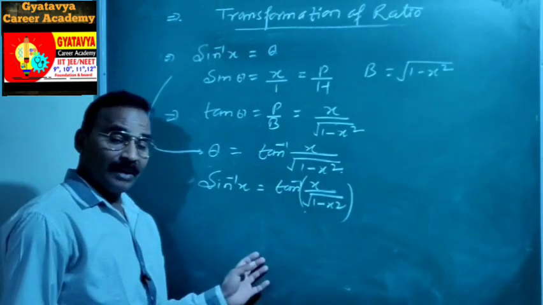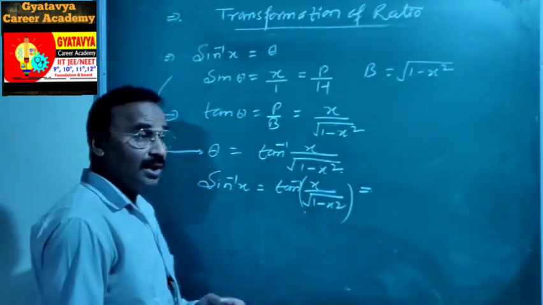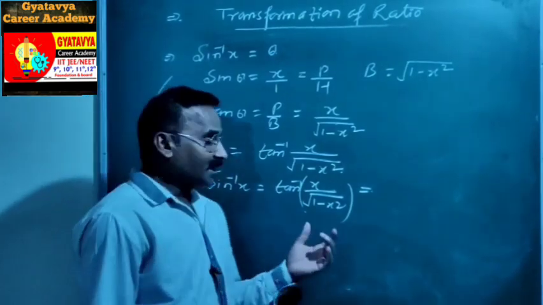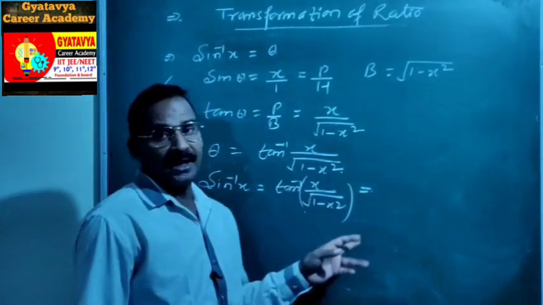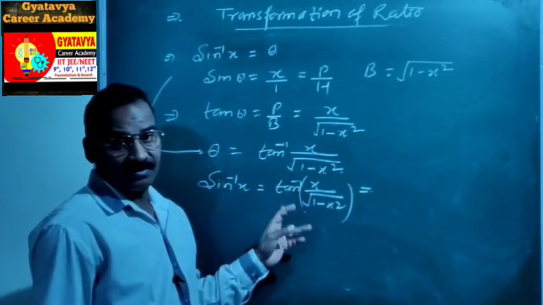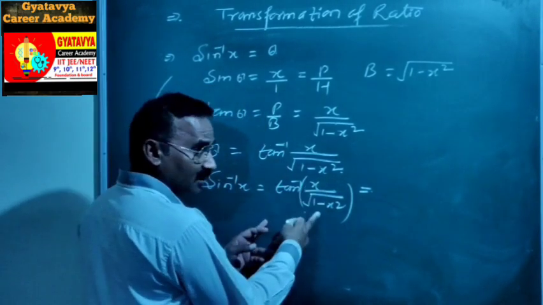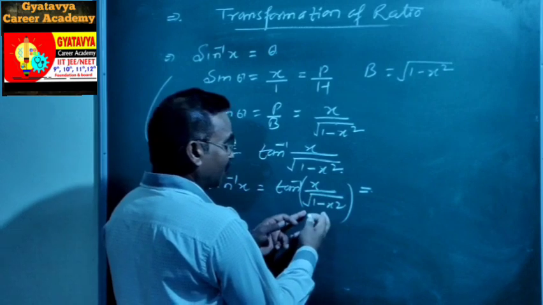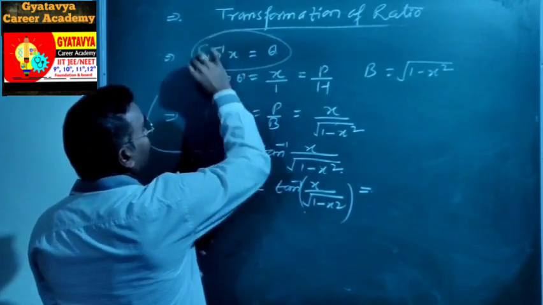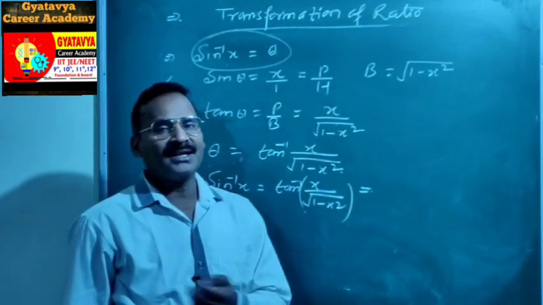If we have to convert to cot inverse, cot is the reciprocal of tan. In inverse trigonometric functions, the change happens in the domain; according to the change, you give the name of the function. So it is perpendicular upon base, meaning sine theta by cos theta. If x equals sine theta, what is the value of root of 1 minus x square?